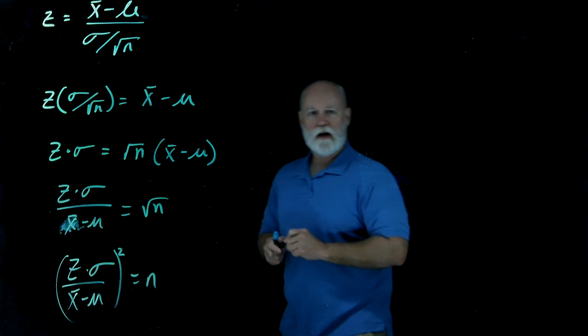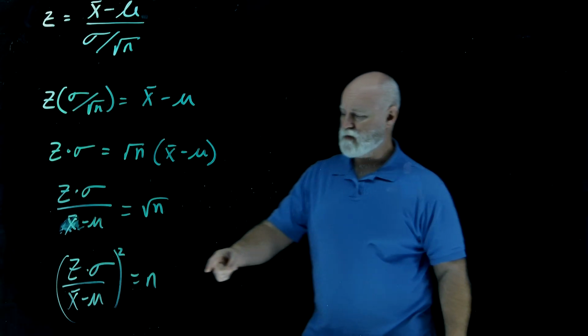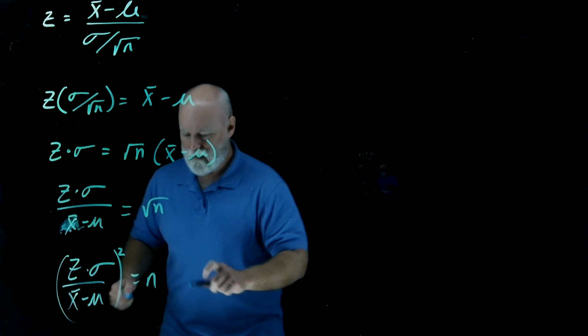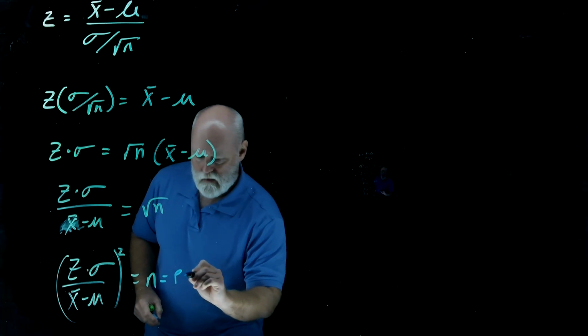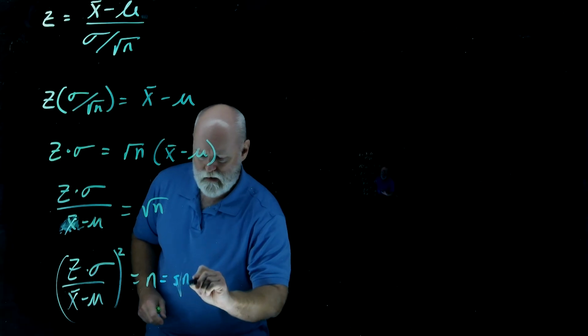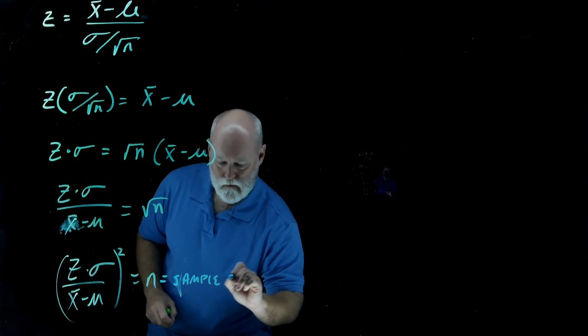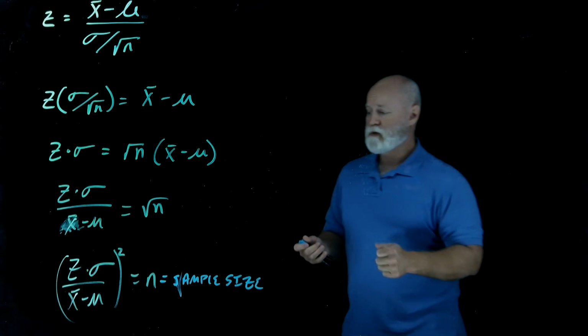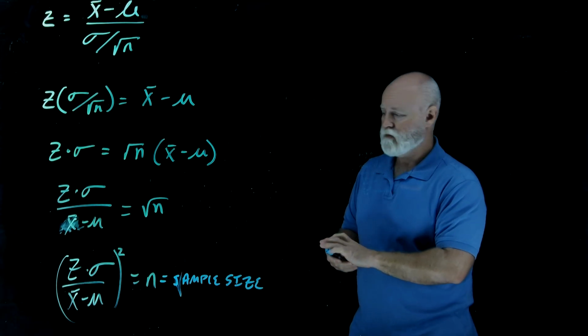That means we now have a formula that allows us to connect the population size, which is what n is. So this is essentially saying the population size, not population, I'm sorry, the sample size that we need in order to make this work.